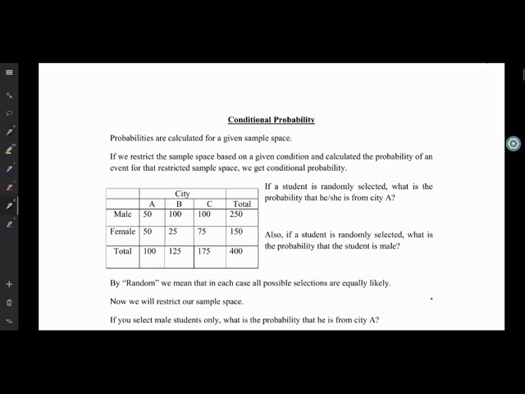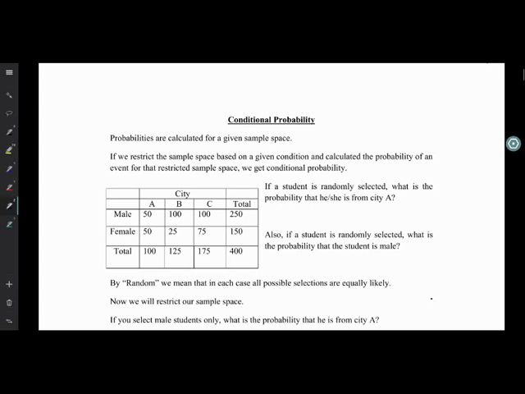If a student is randomly selected, what is the probability that he or she is from city A? How do you calculate this probability? When we are going to select a student randomly, which means all these students have the equal possibility of being selected, we have 400 students. Among them, what is the probability that the student came from city A?